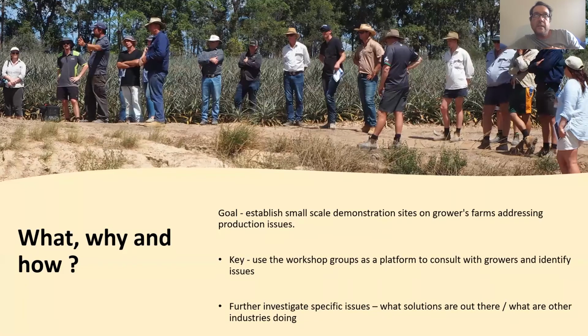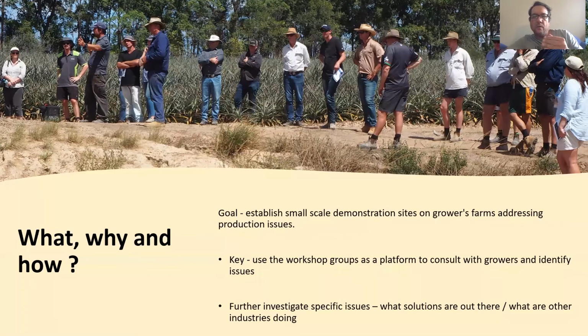So we had the workshops, and we identified 5 key areas. For example, sediment and sustainability was one, then pesticide management, nutrition, ground preparation, and bed layouts. Those were some of the key areas that the growers identified.